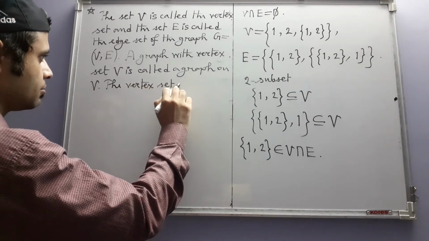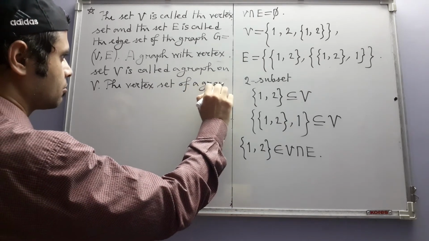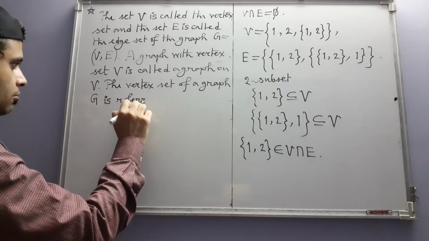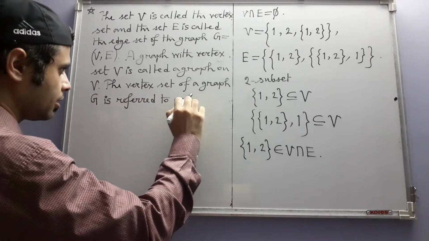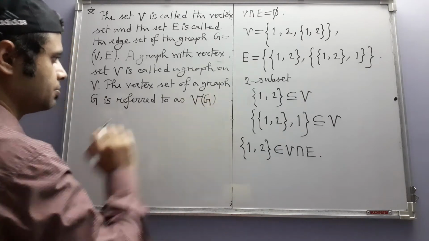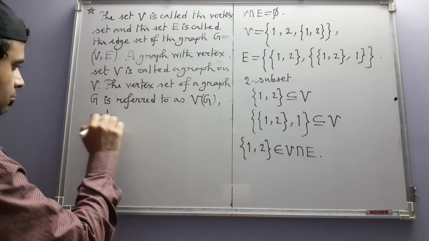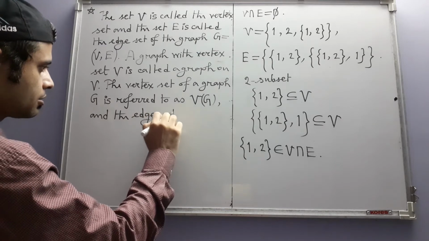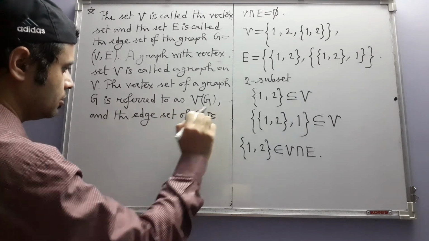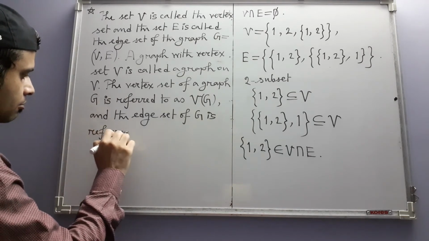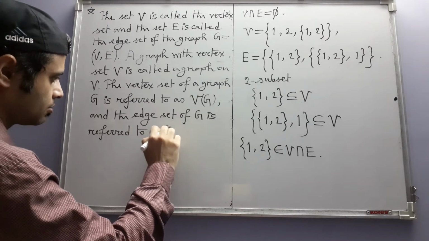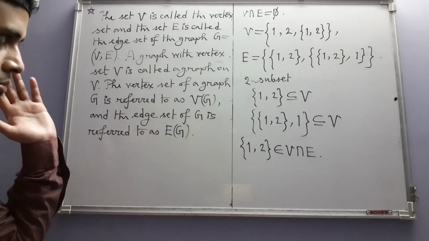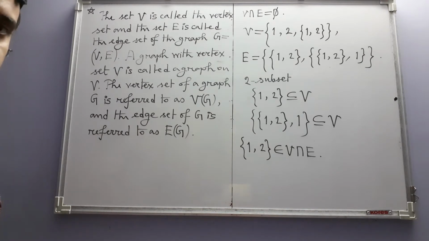The vertex set of a graph G is referred to as V of G, and the edge set of G is referred to as E of G. You probably now understand why we are calling the sets V and E, because vertex and edge.